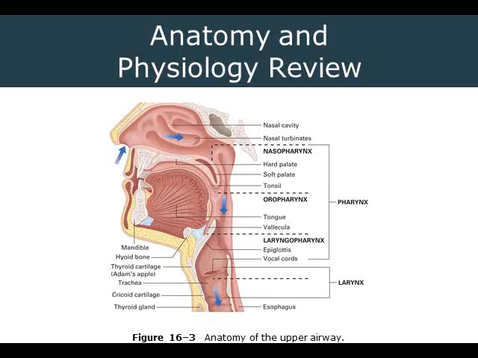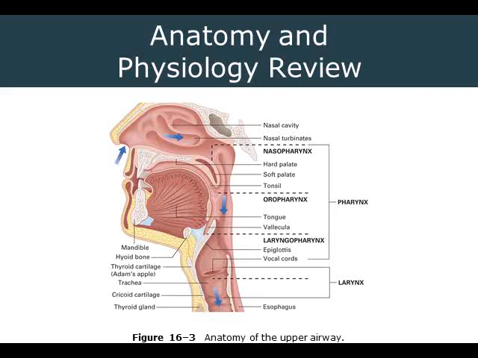Typically when we swallow, the muscular actions of the tongue and the throat will cause the epiglottis to close down over the top of the vocal cords and over the top of the larynx. You can see a couple of representations of different bones there, how the tongue is mostly attached to the mandible.